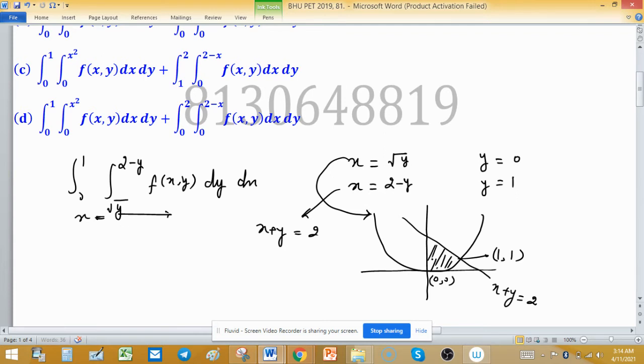Now take it with respect to y. So break this portion, because the limit of this strip changes from the curve touching.